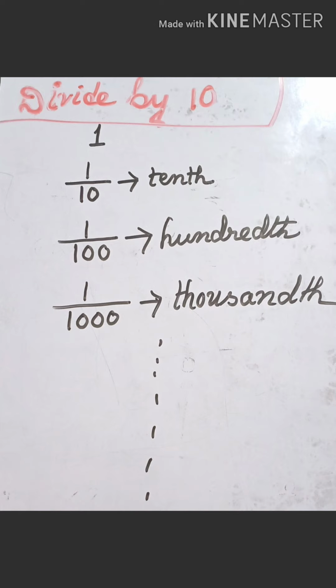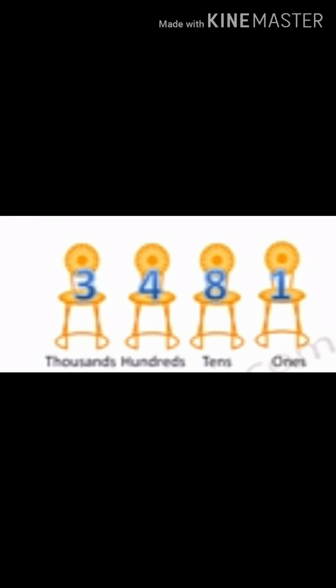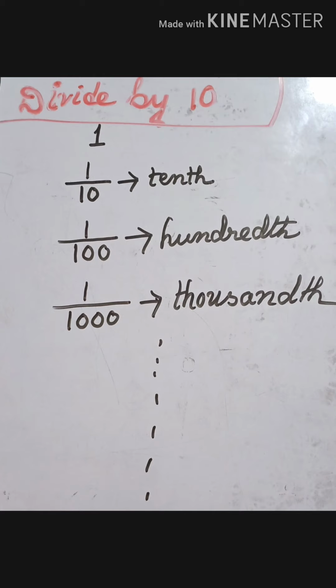So you start with 1. In the next step, you divide by 10. In the next step, you divide by 100, and then by 1000. Till now you only had positions on the left side, but now you will also get positions running towards the right side. 1 by 10 is called the tenths position, 1 by 100 is called the hundredths position, 1 by 1000 is called the thousandths position, and so on.